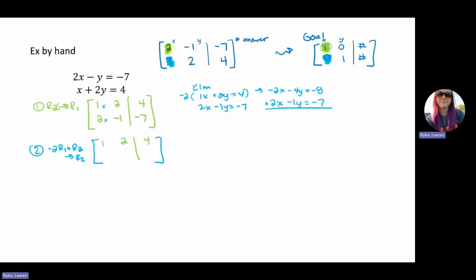So -2 plus 2 is 0, no x's. -4 plus -1 is -5. And then -8 plus -7 is -15. So I'm literally just putting those coefficients over here.